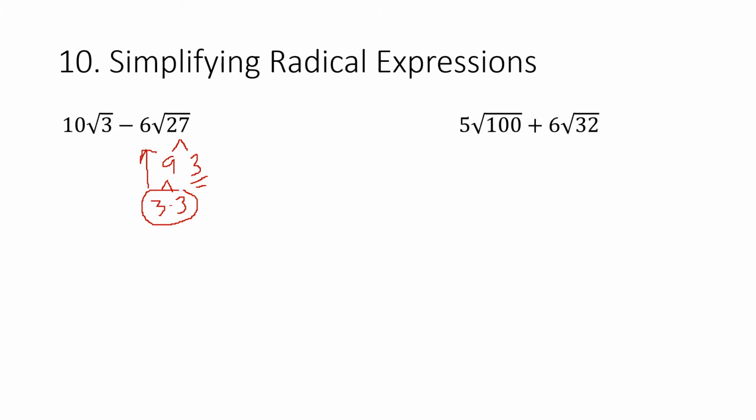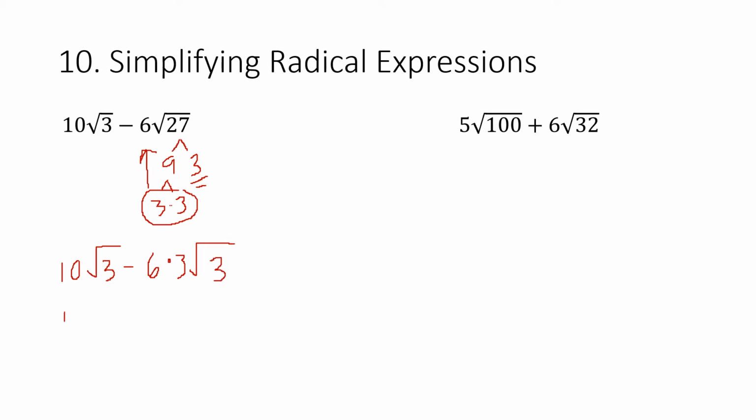So now we've got 10 square root 3 minus 6 times the 3 that we got to pull out from having the pair. And then our new radical is the 3 that was left by itself.